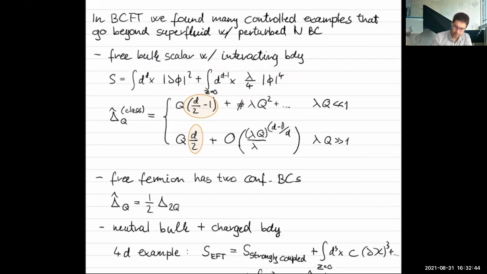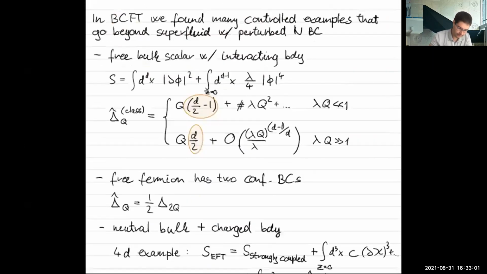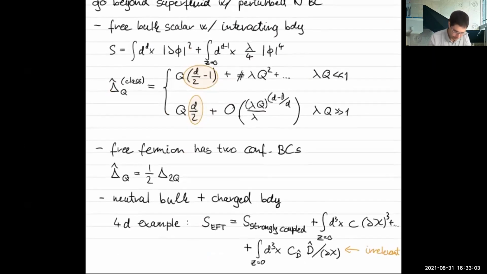In the small lambda q regime, you just get small corrections to q times the naive engineering dimension of the phi field for the scaling dimension of boundary operators, but in the large lambda q regime, the coefficient here changes to b over 2.